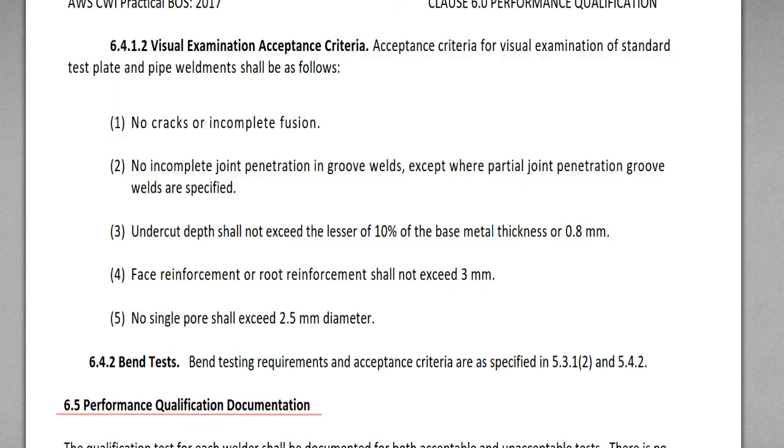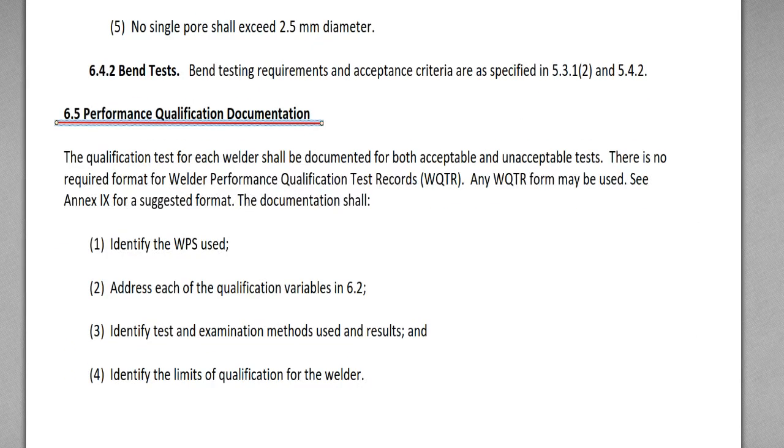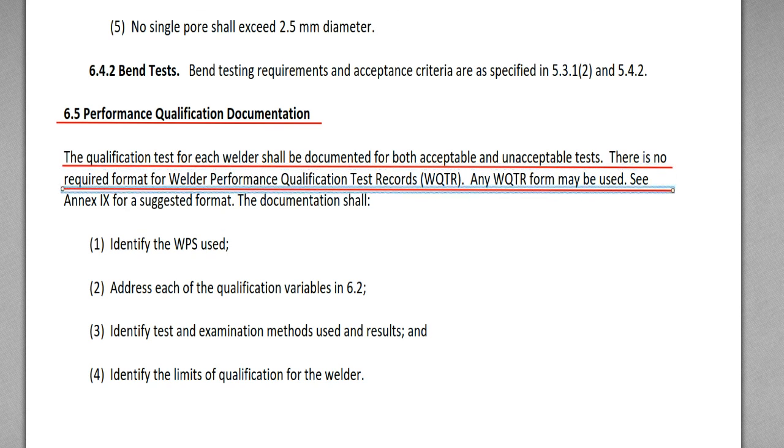6.4.5 performance qualification documentation. Qualification test for each welder shall be documented for both acceptable and unacceptable tests. There is no required format for welder performance qualification test record (WQTR). Any WQTR form may be used.